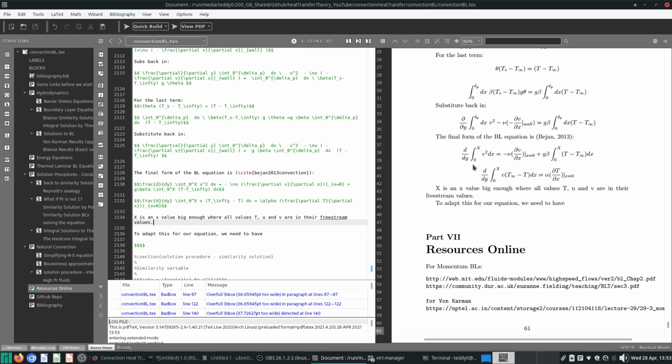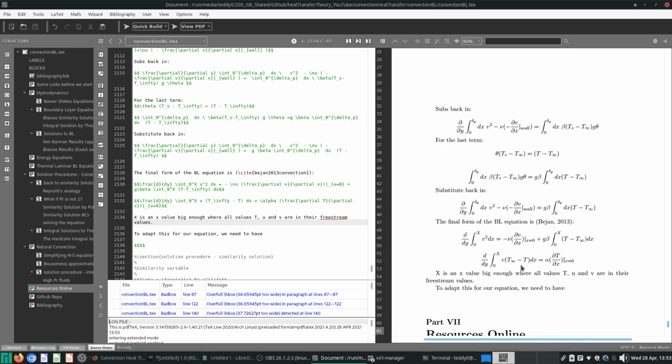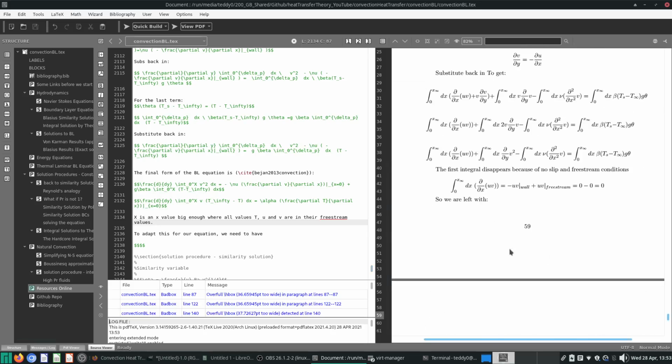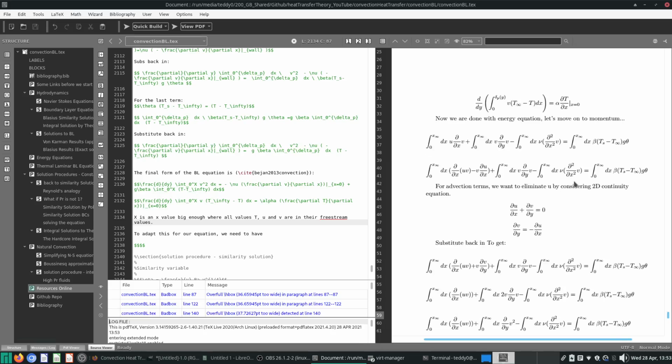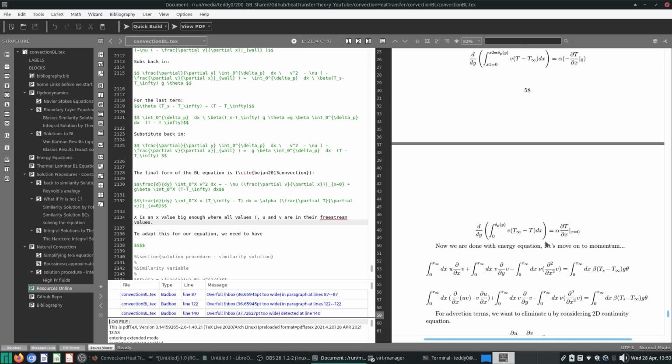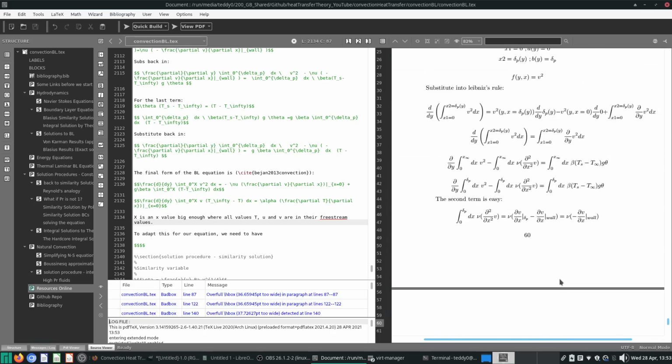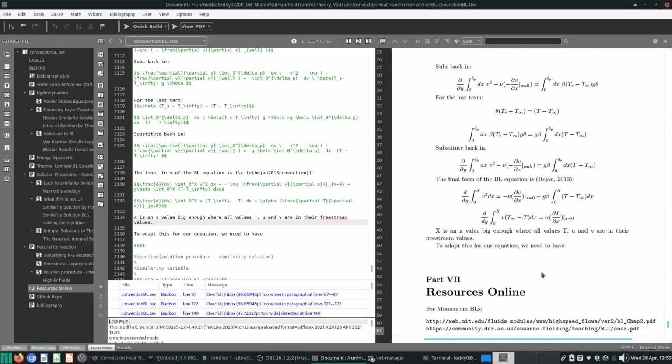So this actually applies to both. Remember this part here, that was the energy equation we derived last video. So this is how we derive our energy and momentum integral boundary layer equations.